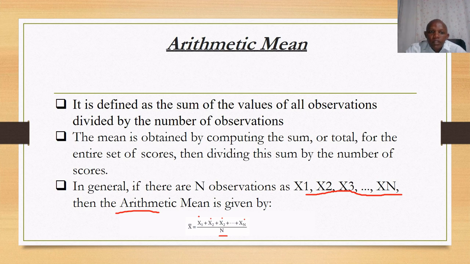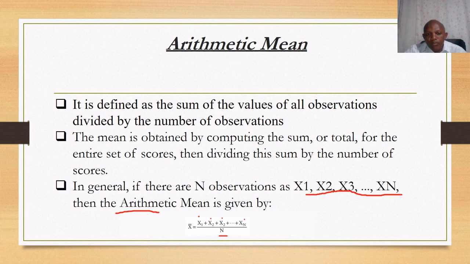So now we come to the real thing here. We want to start calculating the arithmetic mean. What is the arithmetic mean? Basically, it is found by summing up all the values in a given set of data or observations, divided by the number of those observations. So now, if you have x1, x2, x3, x4 until xn, how do we get the average?